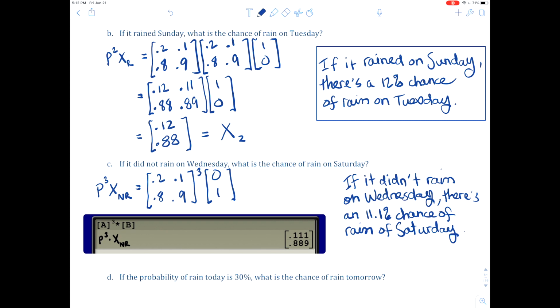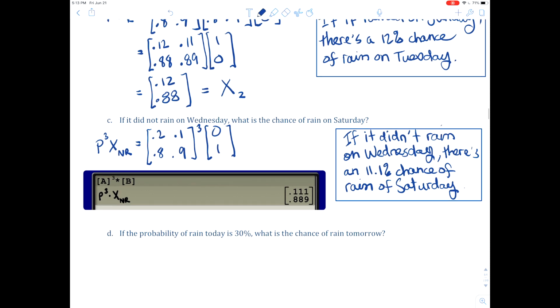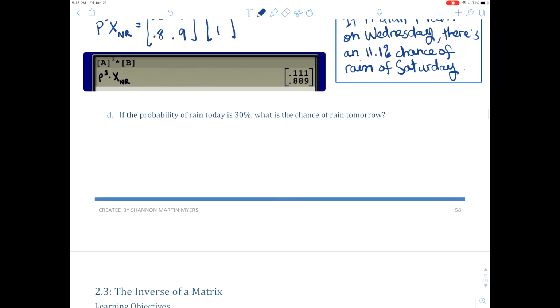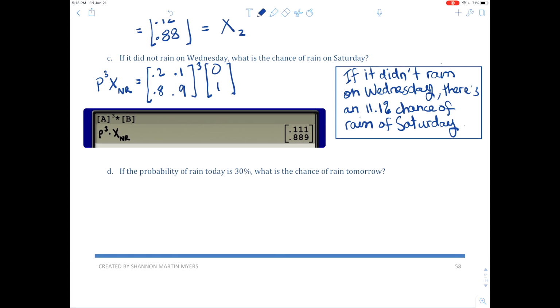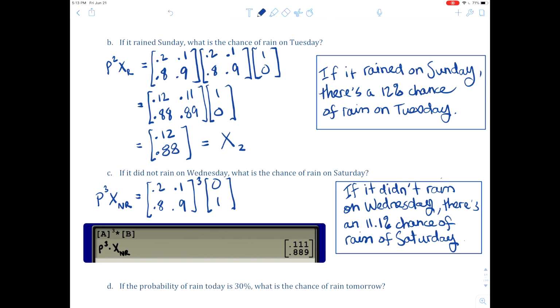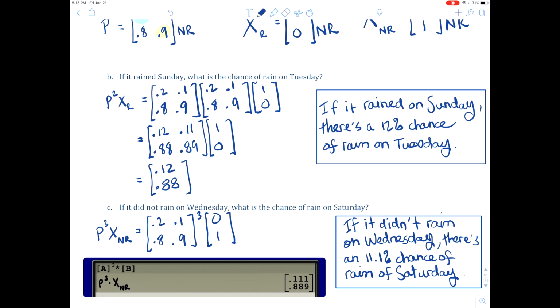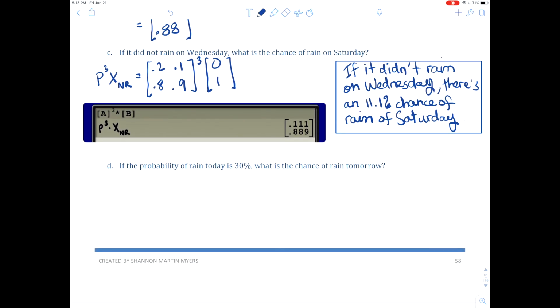Okay. Now let's look at something that's a little bit more realistic. And I'm also going to take out these right here since we're utilizing different models for our initial states. So here, what would our initial state matrix change to for part D?